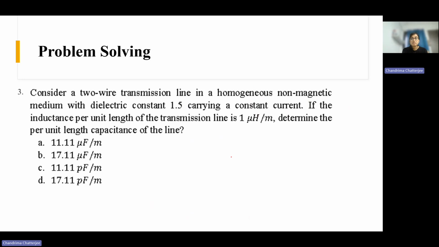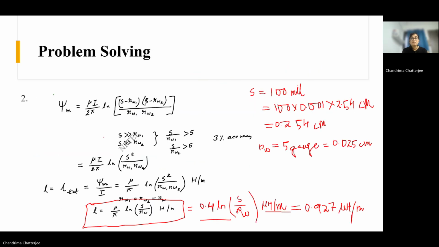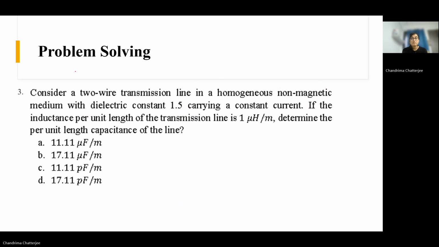Let's see the next question. Consider a two-way transmission line in a homogeneous non-magnetic medium with dielectric constant 1.5 carrying a constant current.